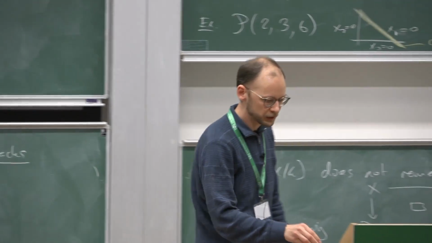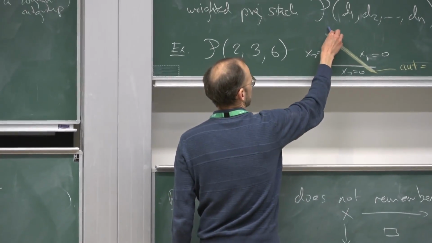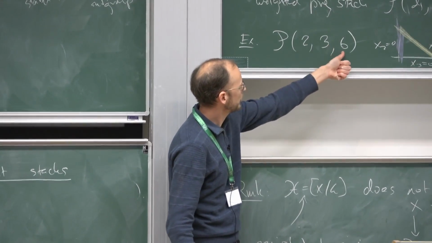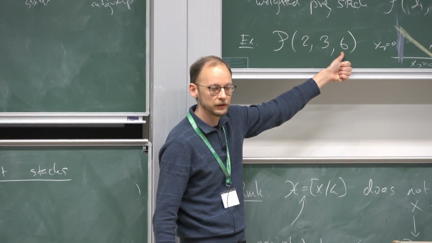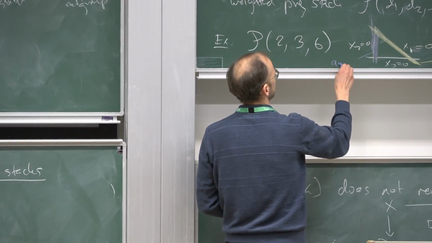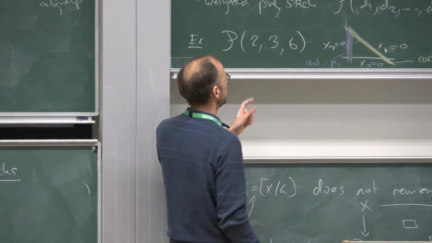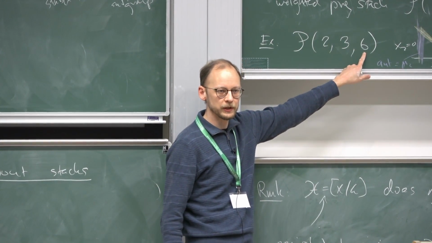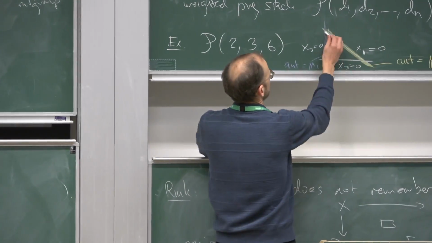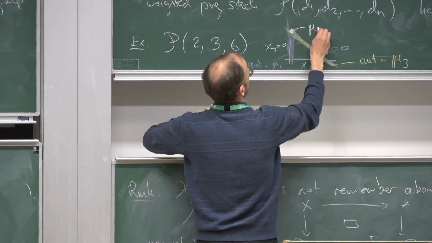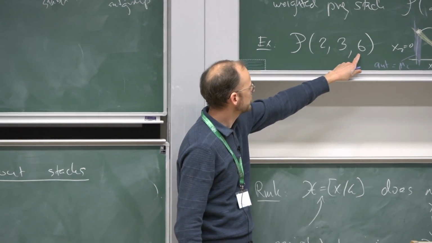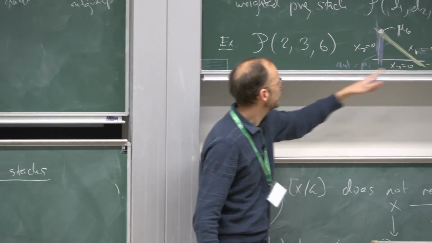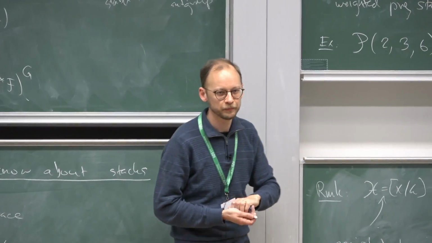If I pick x2 equals 0, then I'm acting by the second roots of unity, plus or minus 1 acts trivially. So here I have mu_2. And if both x1 and x2 are 0, I will have a sixth root of unity stabilizing here. But if x1 and x2 are non-zero, it's going to act freely.